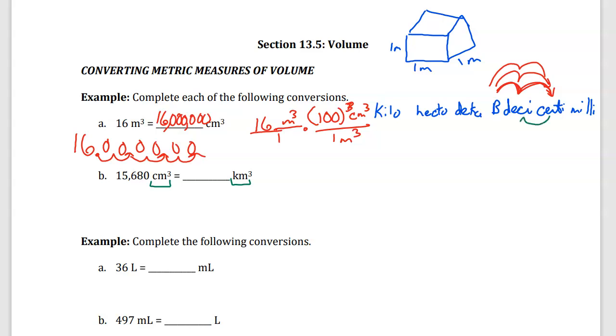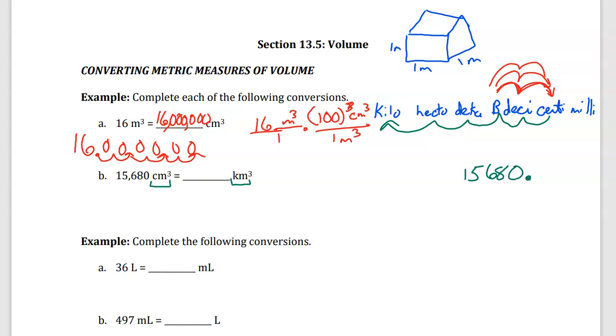Because I've got to go 1, 2, 3, 4, 5, 3 times. If I go 5 three times, that means I've got to go 15 times to the left. So I'm going to actually move it way over here. 1, 5, 6, 8, 0.